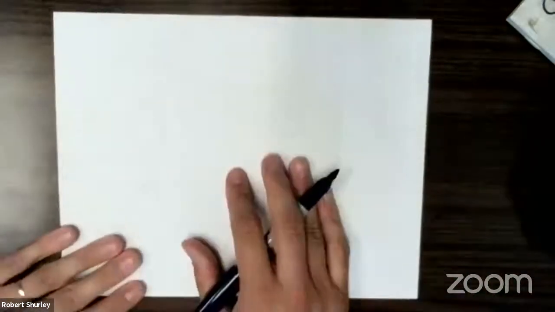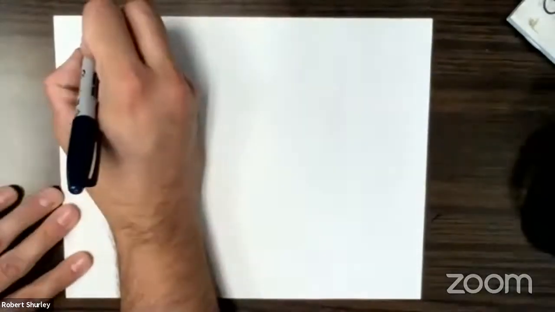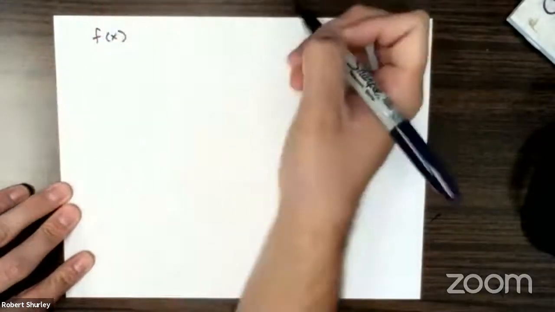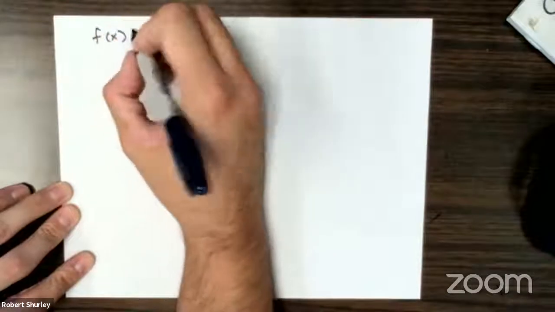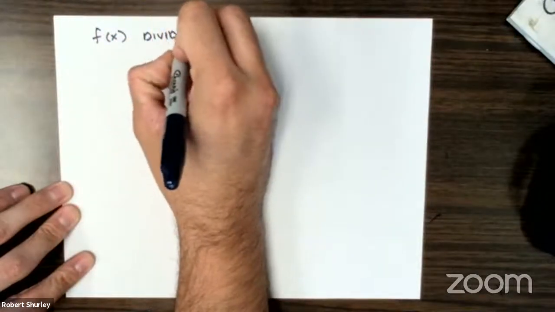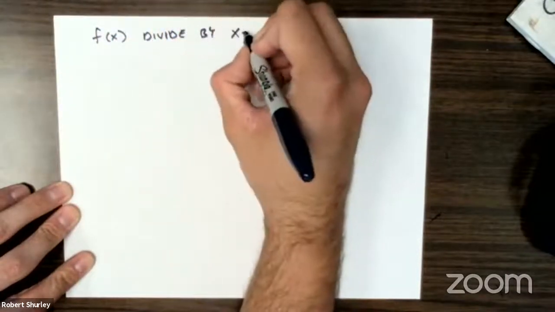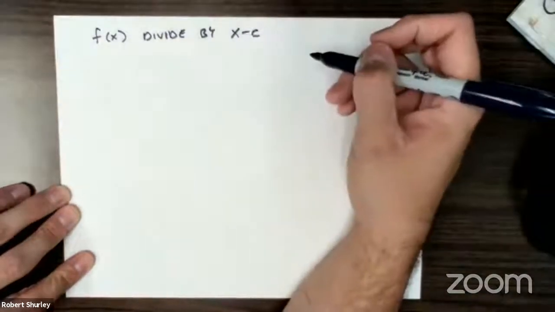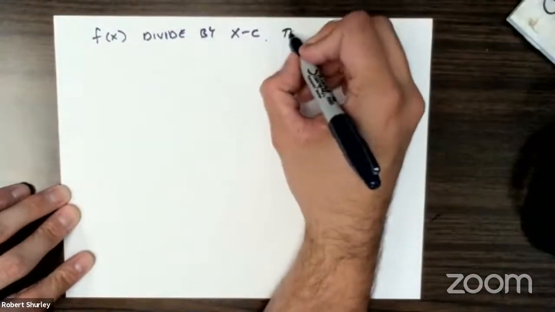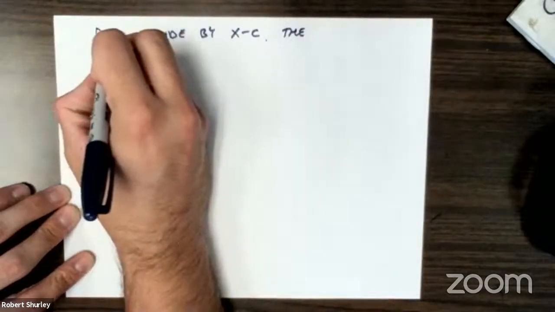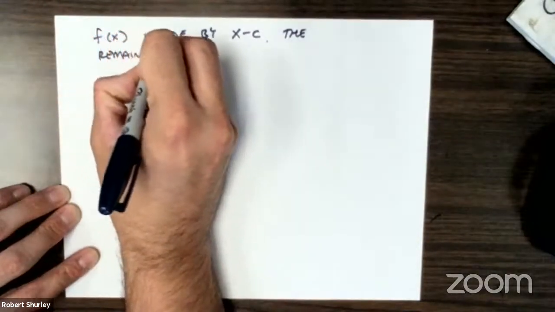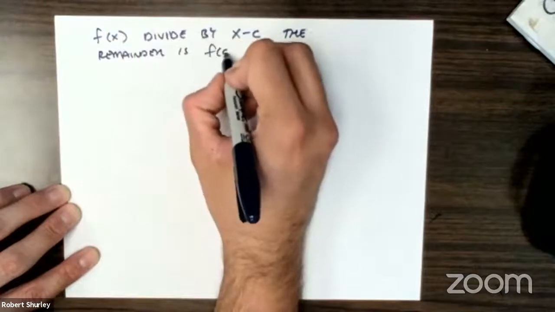Okay. Well, the next concept your book goes over is called the remainder theorem. And it's not that it helps us out too much, but it's kind of interesting. So if we have a polynomial, let's say f of x, and we divide f of x by x minus c, where c is some constant, turns out the remainder is always f of c.